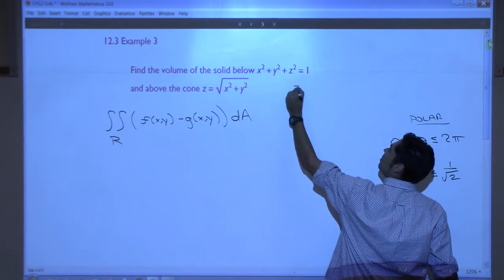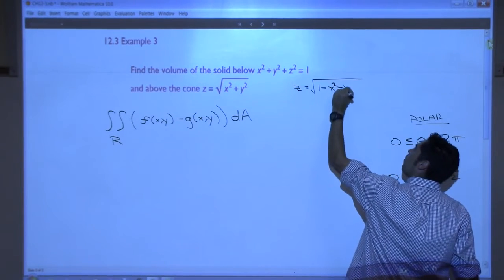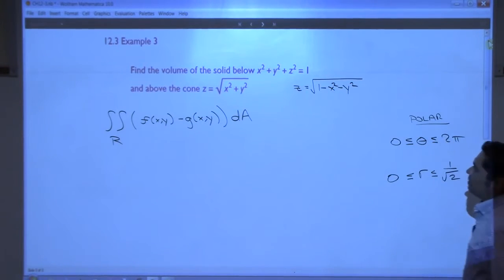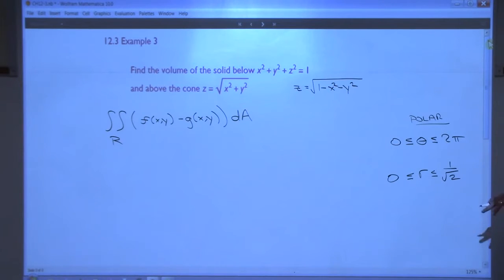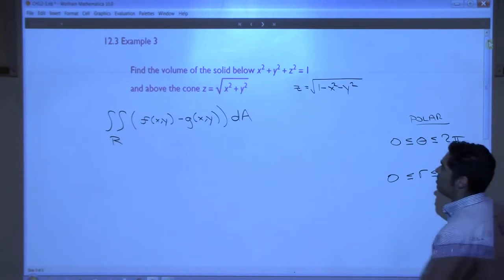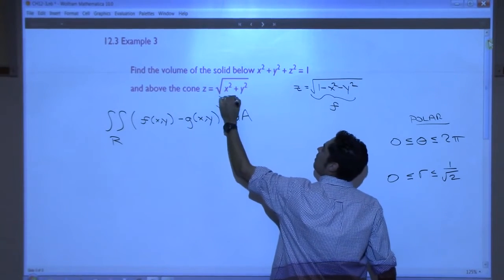Solve this for z. You get z equals square root 1 minus x squared minus y squared. Now, it should be plus or minus, right? But I'm only doing the plus because I'm looking at the top cap, the top half of the sphere. And then this one's already solved for z, isn't it? So this is my f function. And this right here is my g.